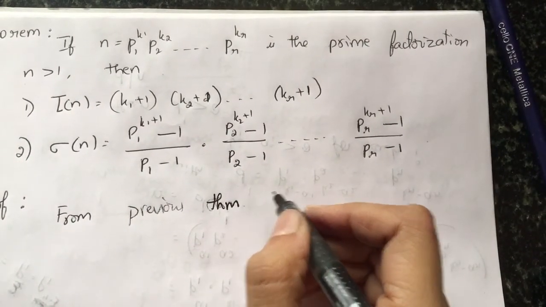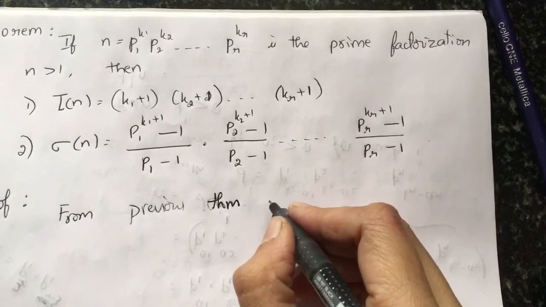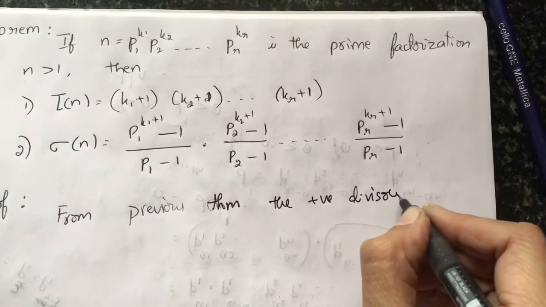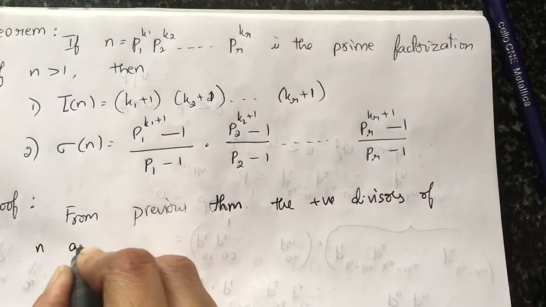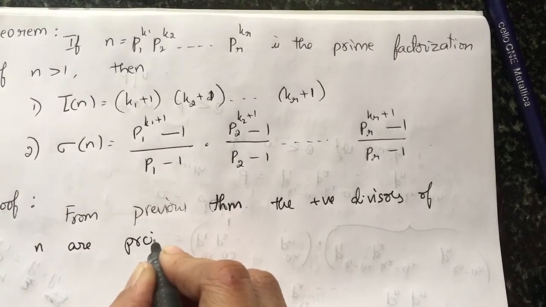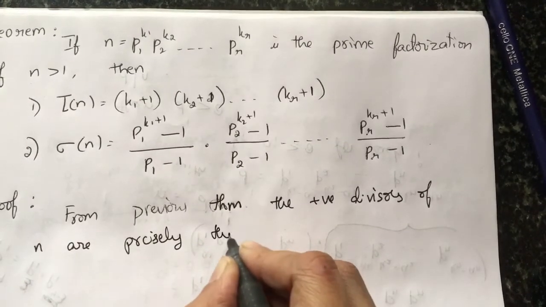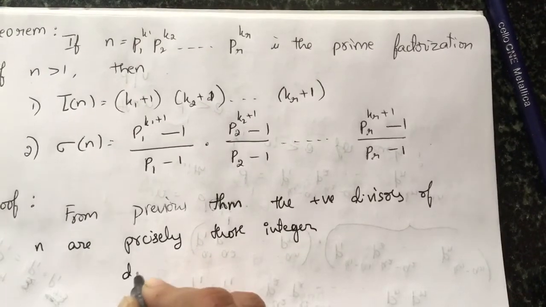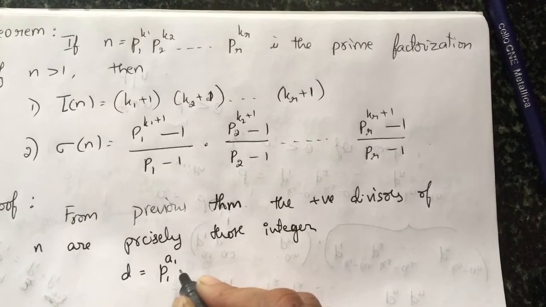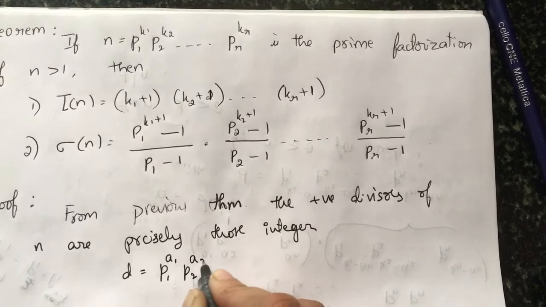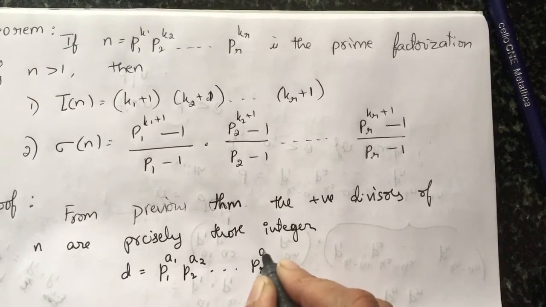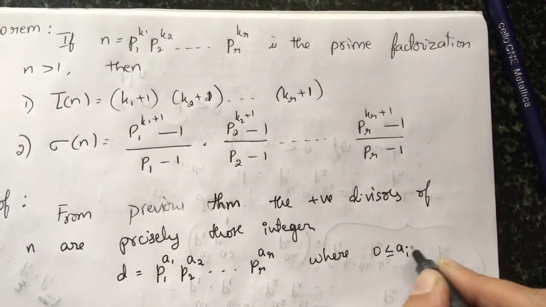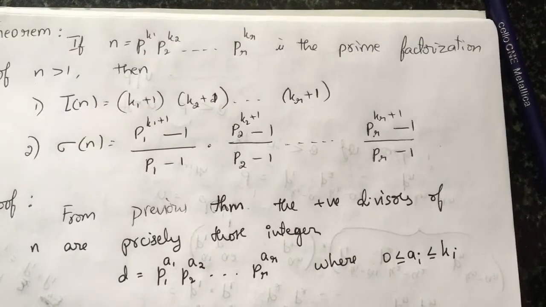From the previous theorem, we can write the positive divisors of n are precisely those integers d which have a prime factorization p1 power a1, p2 power a2 up to pr power ar, where 0 less than or equal to ai less than or equal to ki.